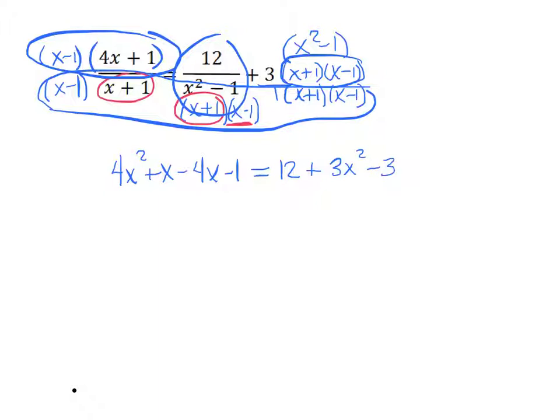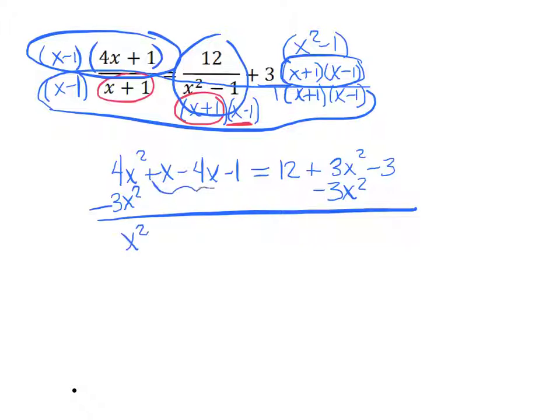Remember, I don't need the bottom now because it's a common denominator, so now it's just a matter of getting everything to one side so it equals 0, and also simplifying. If I subtract 3x squared from both sides, I am going to get 1x squared.